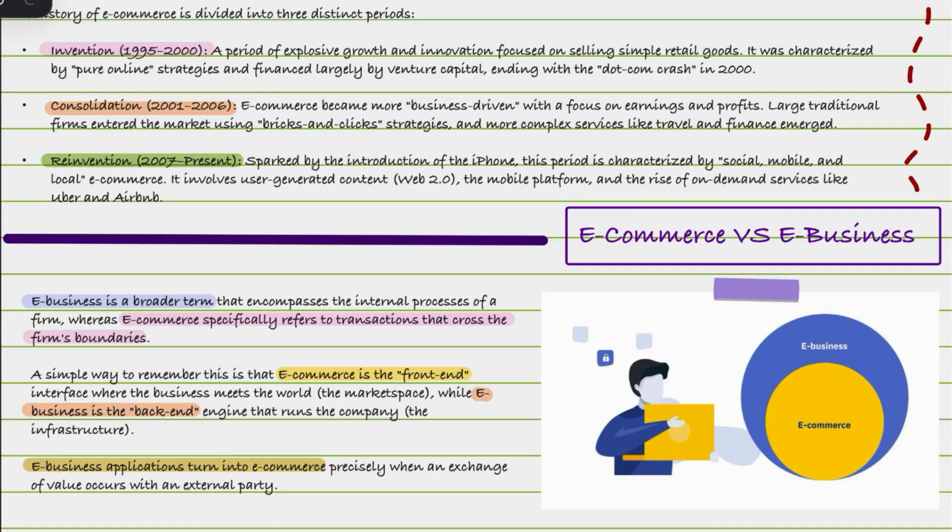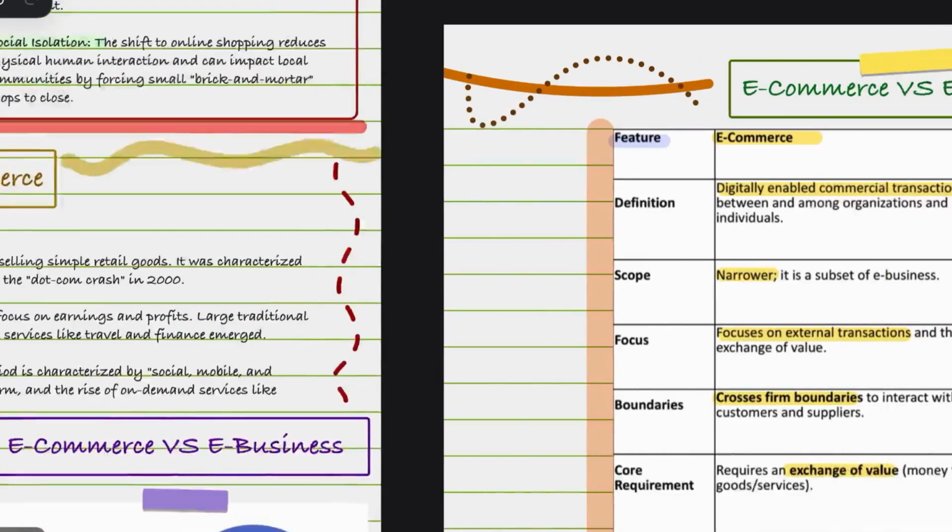So e-business turns into e-commerce the moment transactions shift outside the company wall to interact with an external buyer. That's it. That is how e-commerce and e-business are connected. So e-commerce refers to transactions across the firm boundary, whereas e-business encompasses the internal processes of the firm. I hope you understood the difference.